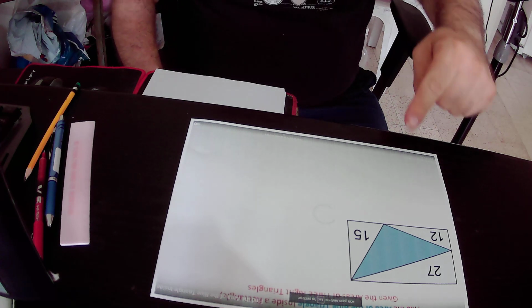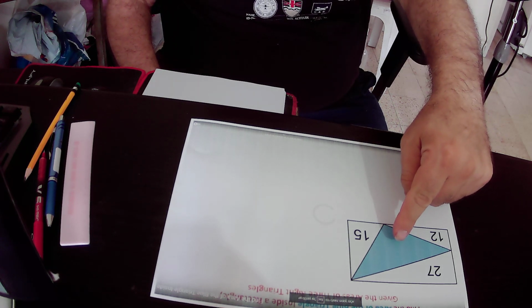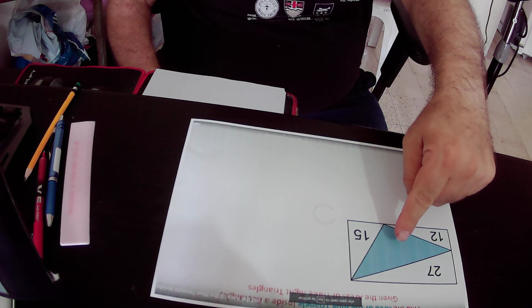And in this way we will find the area of the blue triangle.